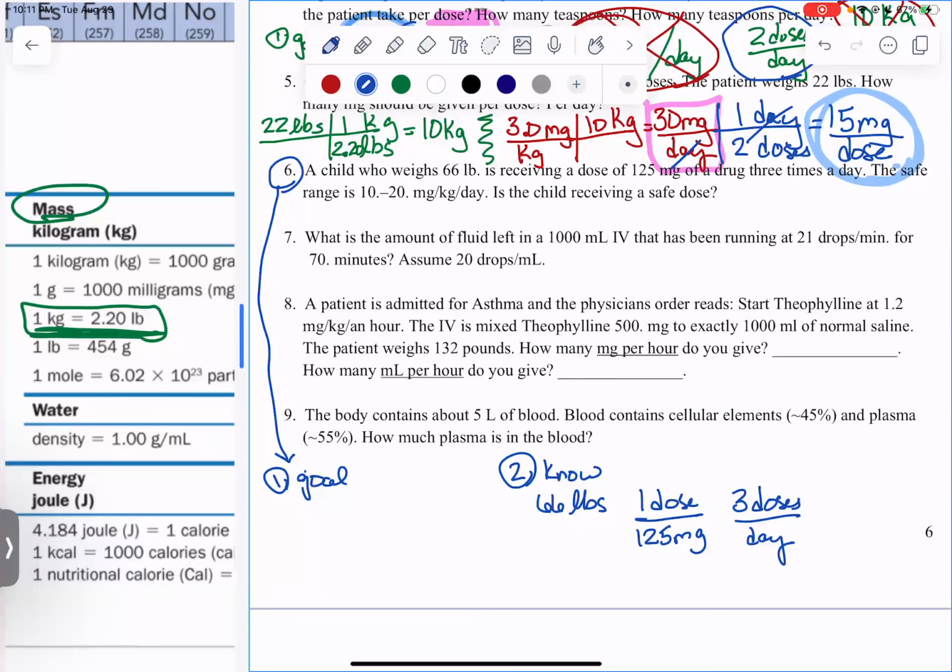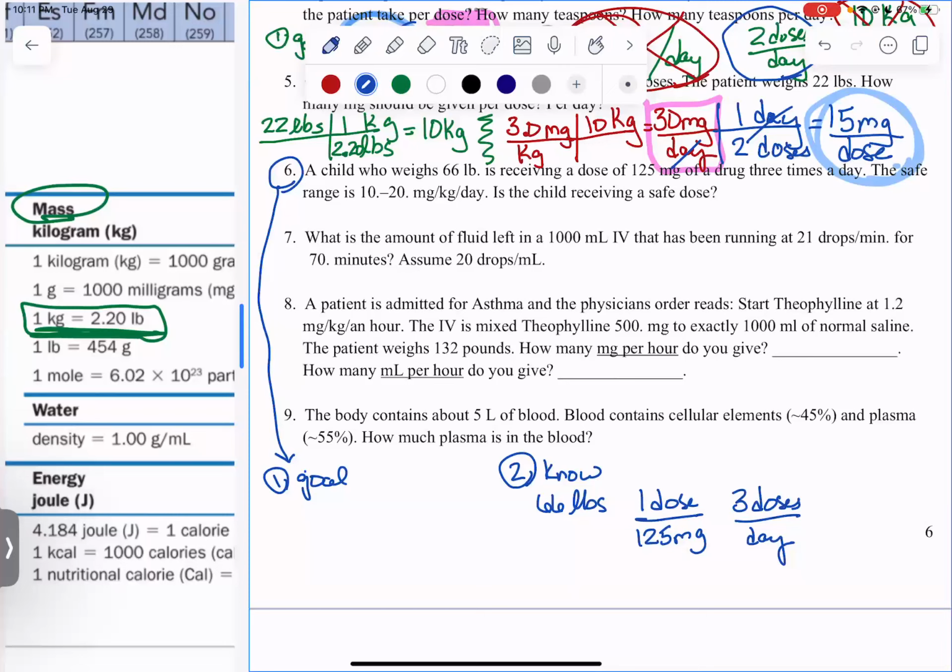Okay. So what's our goal? What do we want to get to? We want to know, are we dosing this kid correctly? So let's try to figure out what the child is getting, and we'll figure out if this fits in our safe range.